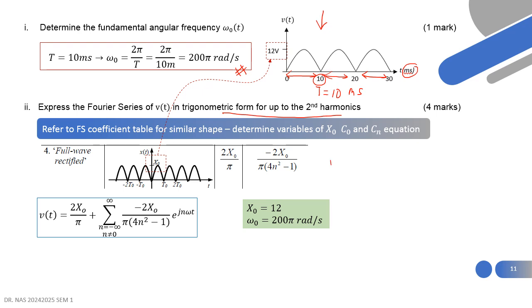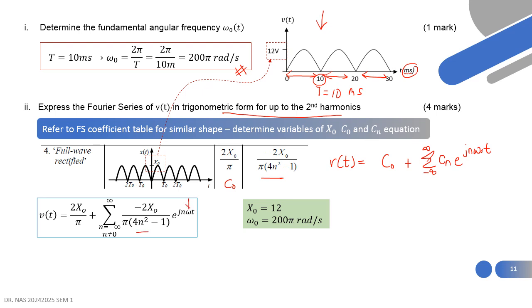Don't forget the general equation: v(t) equals C naught plus the summation of Cn e^(j n omega naught t), with n from negative infinity to infinity. So in this case, from the table, your C0 equals 2x0 over pi, and your Cn equals this equation, e^(j n omega t).